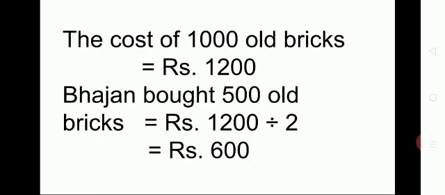And Baijan bought only 500 old bricks. But it is already mentioned that 1,000 old bricks cost rupees 1,200. So Baijan bought only half of this. Half of 1,000 is 500. So you divide this 1,200 by 2.